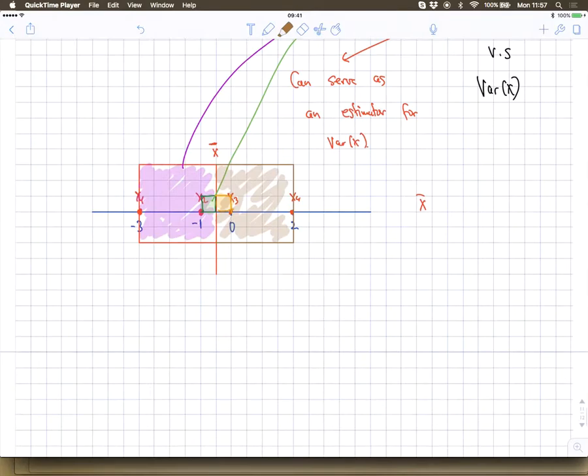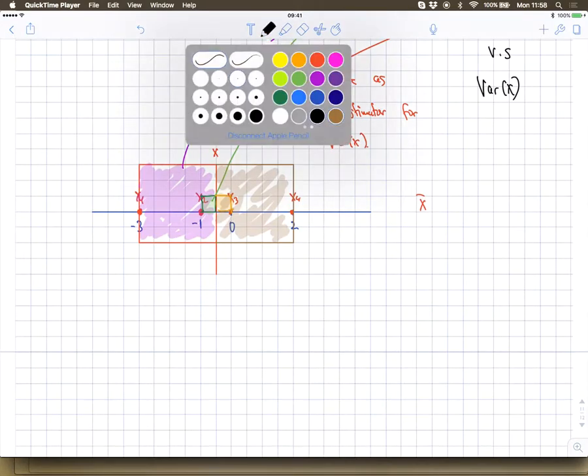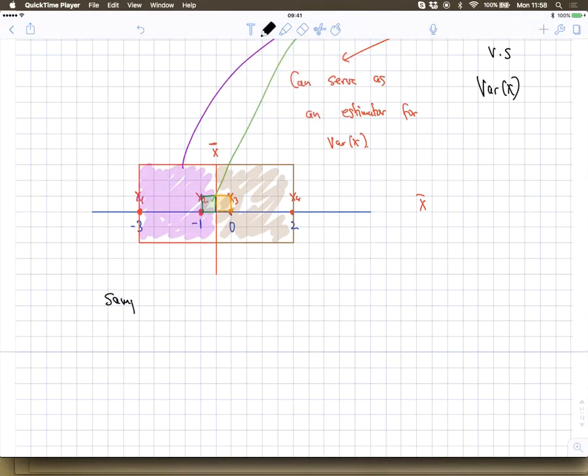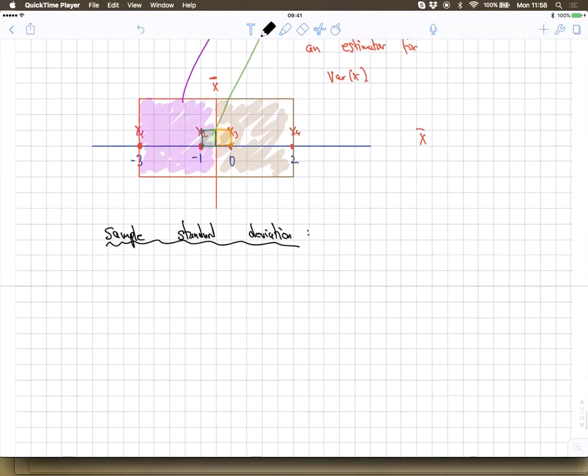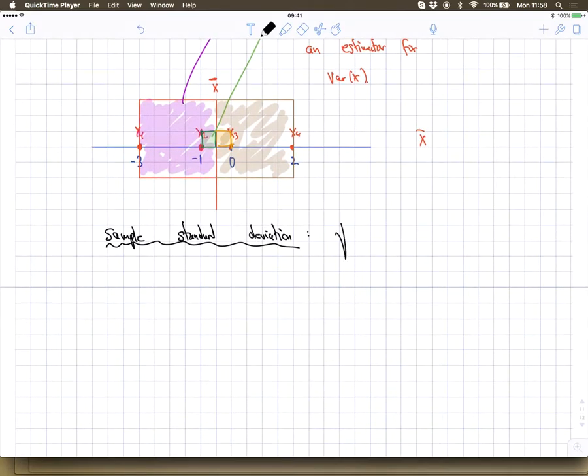What is sample standard deviation? Well, it's the square root of sample variance.